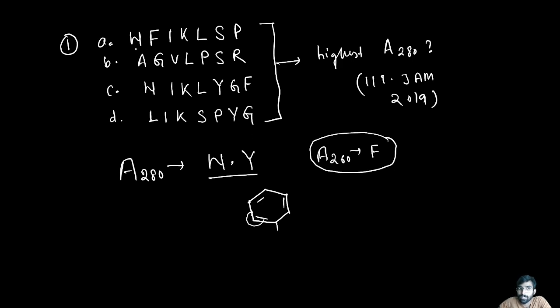Now here there is one tryptophan, one phenylalanine, so I am writing two. Here almost nothing is there, so that's 0. Here W, Y, F, 3 is there, and here only Y, 1. Of course you can see in option C there are 3 aromatic amino acids. That means C will show the highest absorbance at 280.